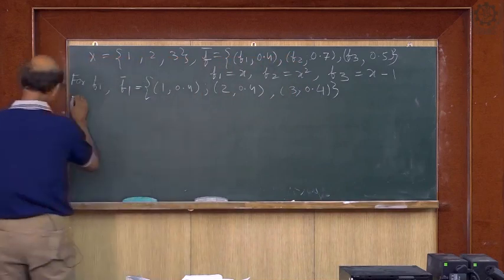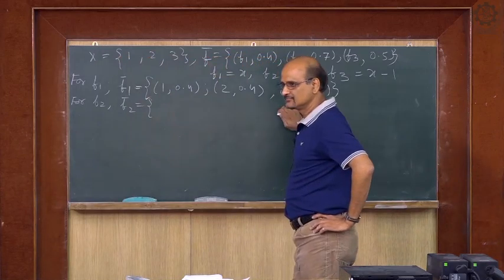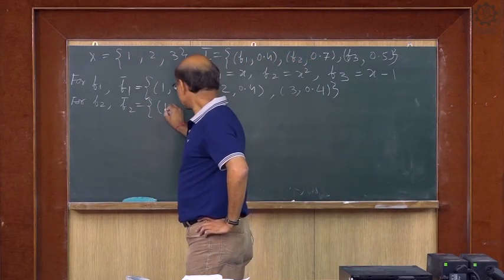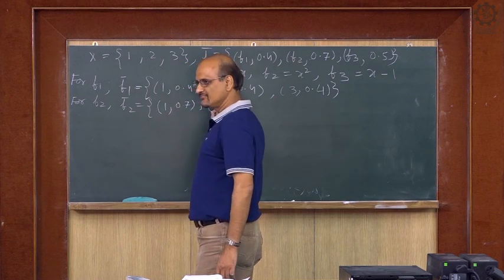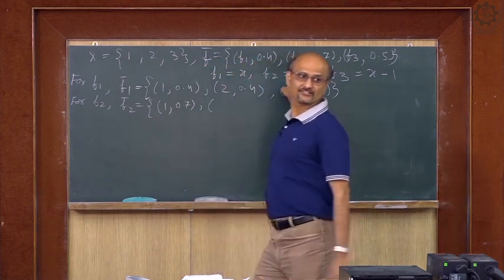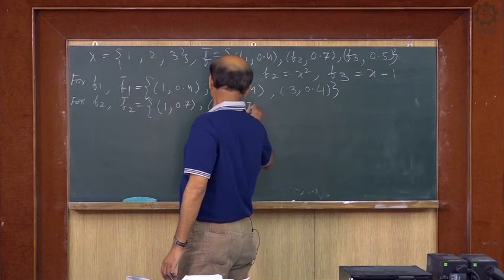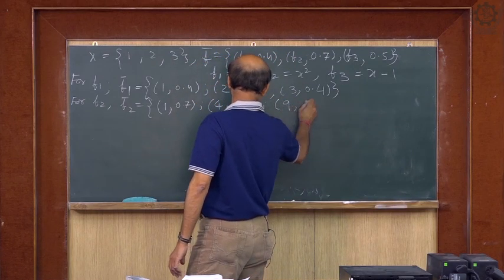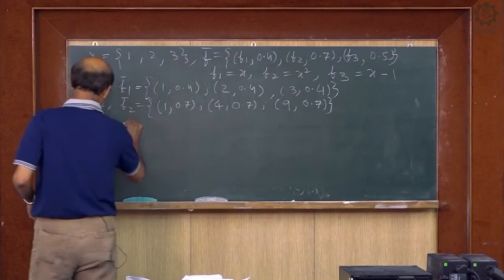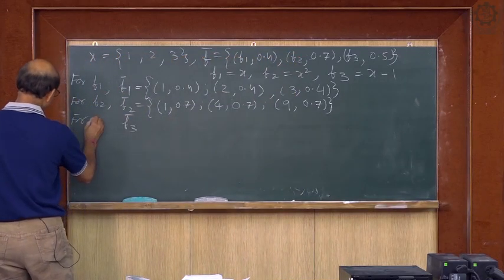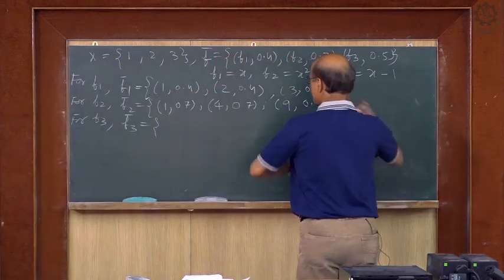Now for f2 bar, tell me now, 1 is 1 and it is 0.7, yes, now you have got it. Then 4 because I have x square, f2 is equal to x square. So, I have 4 and 0.7, good, then 9, 0.7, understood. So, very easy.